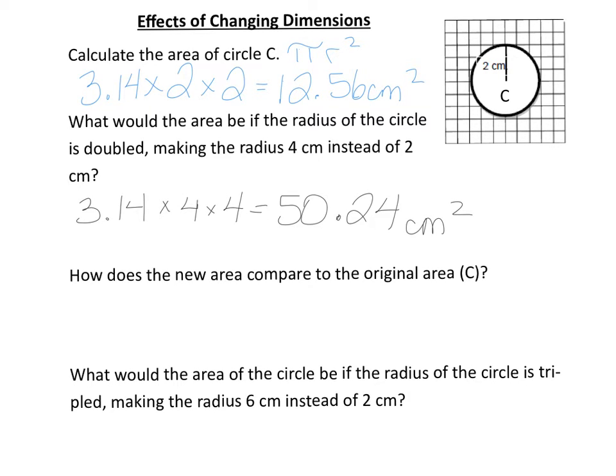And how does the new area compare to the original area? Well, if you were to take 50.24 and divide it by 12.56, you would get 4 times as big.